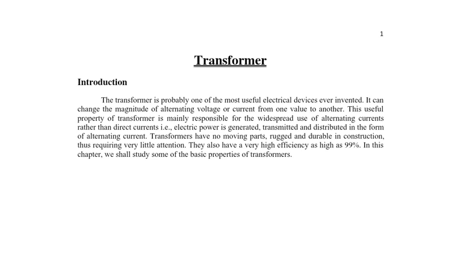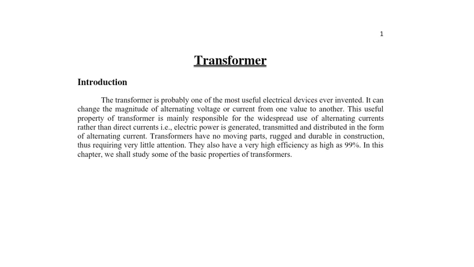This useful property of the transformer is mainly responsible for the widespread use of alternating current rather than direct current. Electric power is generated, then transmitted and distributed in the form of alternating current.